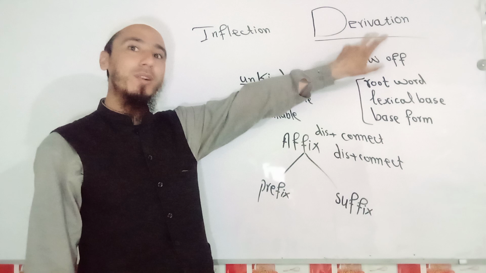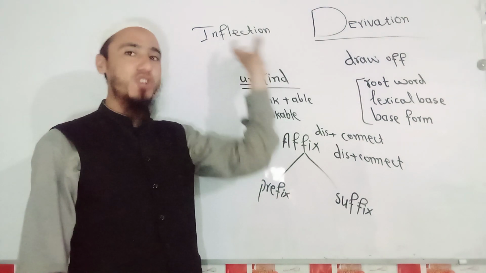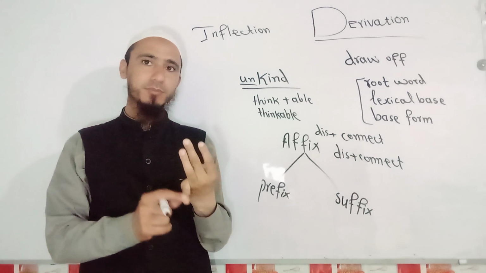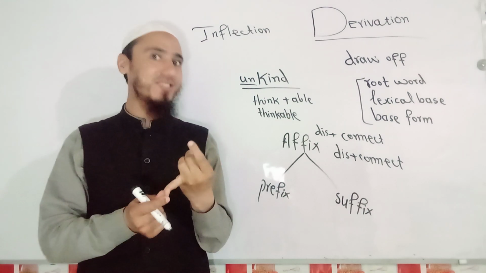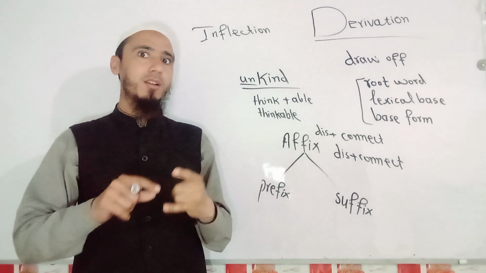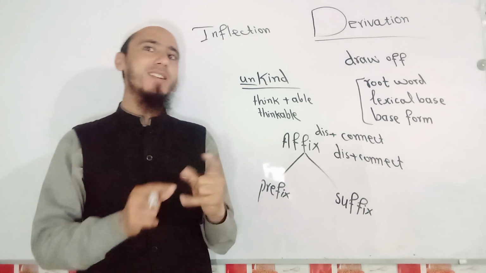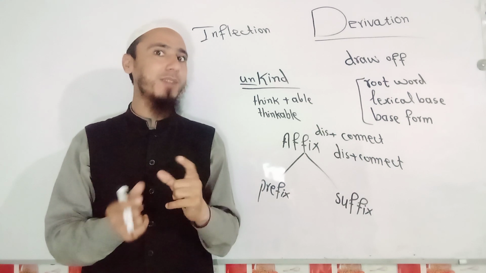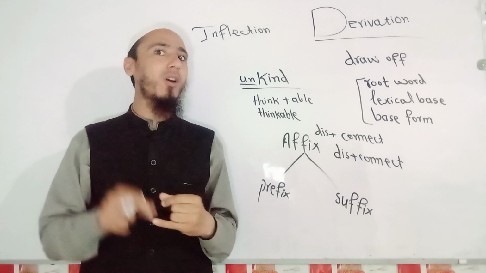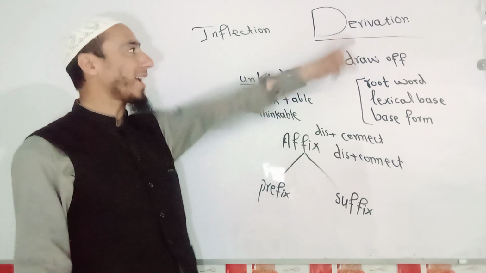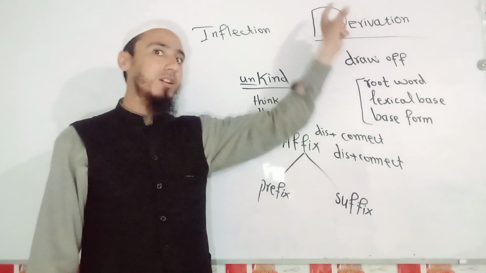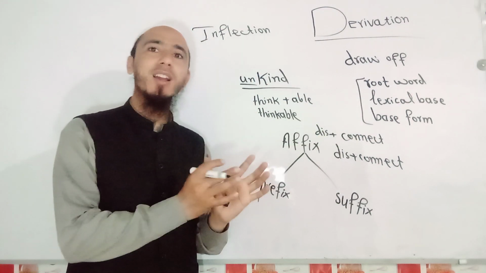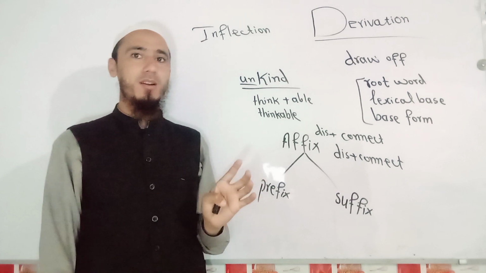Here in derivation the total word is changed, but here the changes occur only in grammatical categories. It means we are only talking about the tense here, the aspect of a word, and also the singularity and plurality of a word. A word is singular or plural. So that's why in derivation, the word is totally changed. But here we are talking about only the grammatical category of a word.